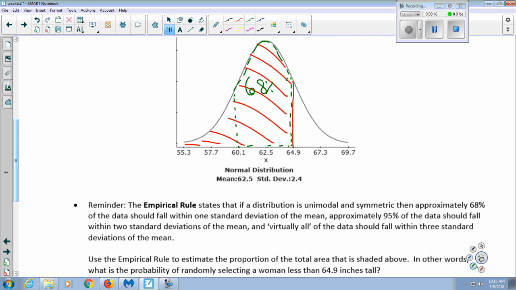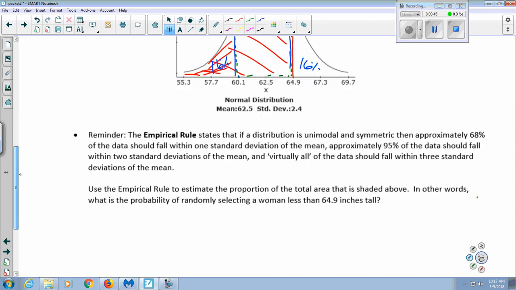But we're also still talking about this area further to the left. Out here in this little tail part, if 68% is in this region, then 16% out here and 16% out here. Remember, it's symmetric, so it's going to divide what's left, 32%, exactly in half.